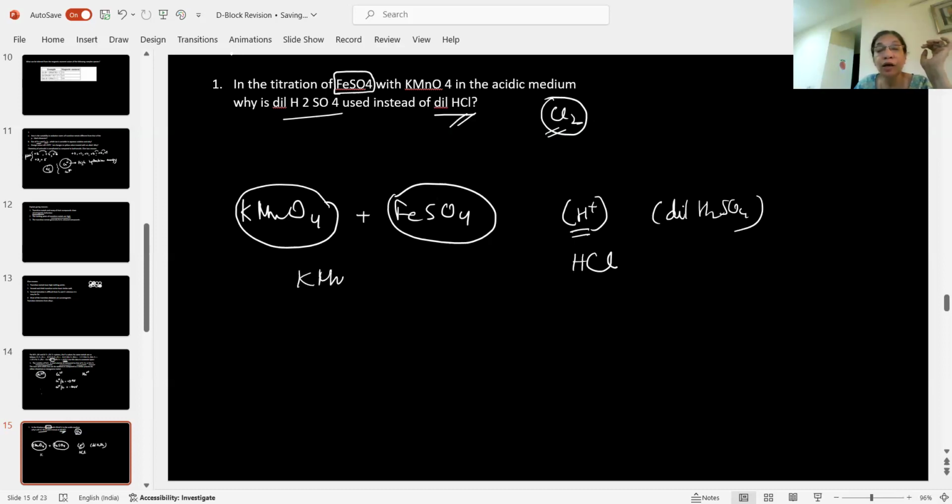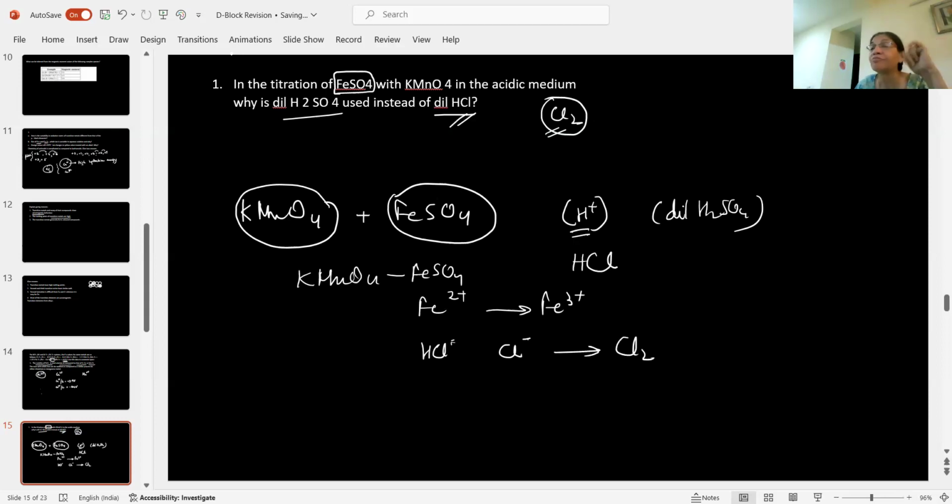Because KMnO4 oxidizes Fe2+ to Fe3+, right? But it can oxidize HCl also, so it can oxidize Cl- to Cl2. So you will not know how much FeSO4 got oxidized by how much KMnO4, because some KMnO4 will be used to oxidize HCl also. So you never use HCl.